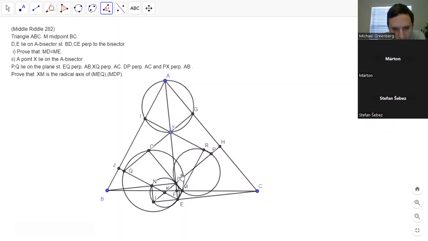Could you check if DQR and EPQ are similar, since in my picture it does look like it. So check angle DQR and QPE.